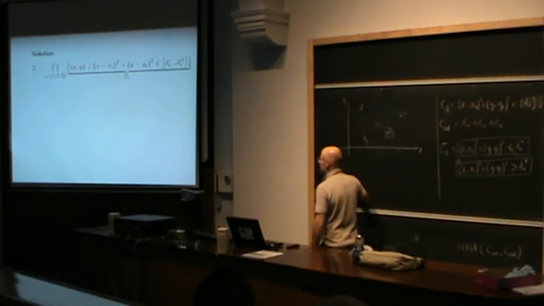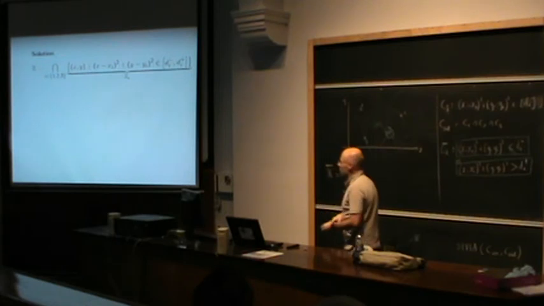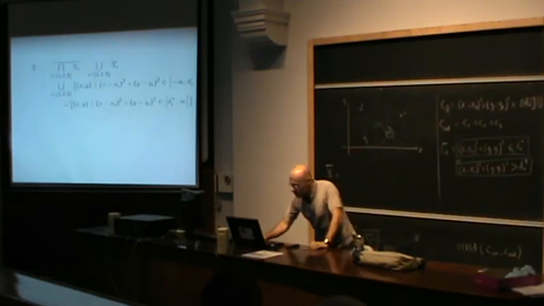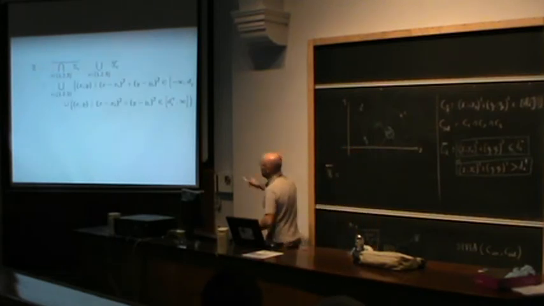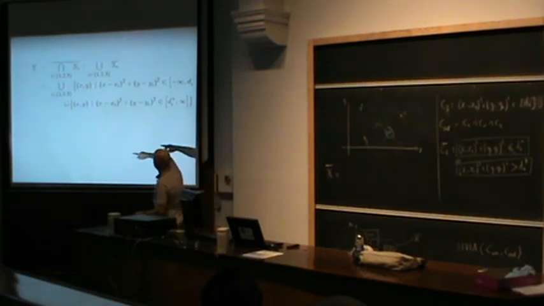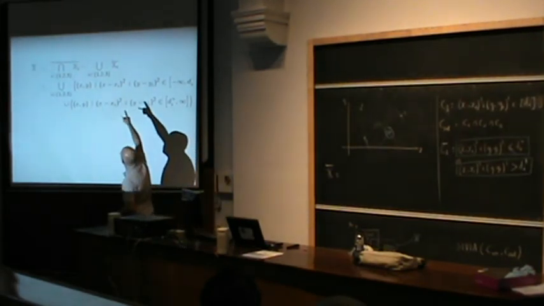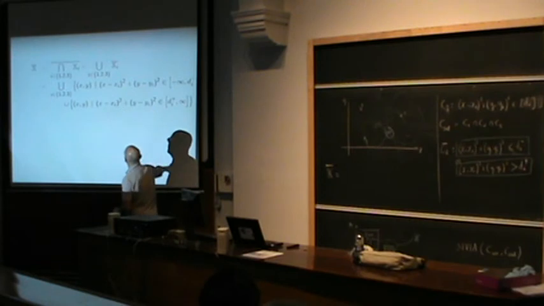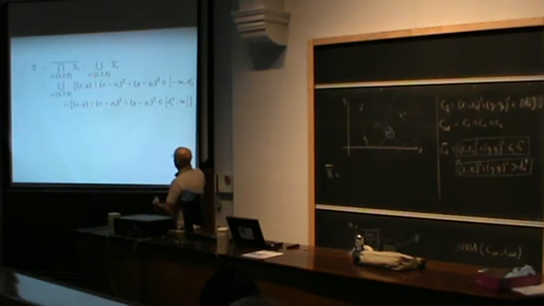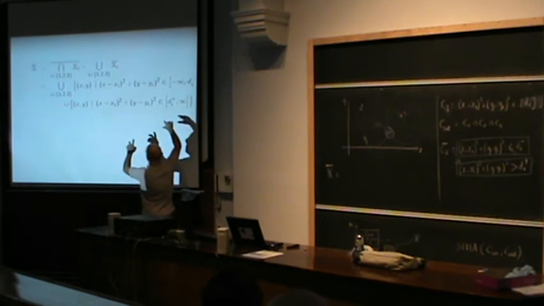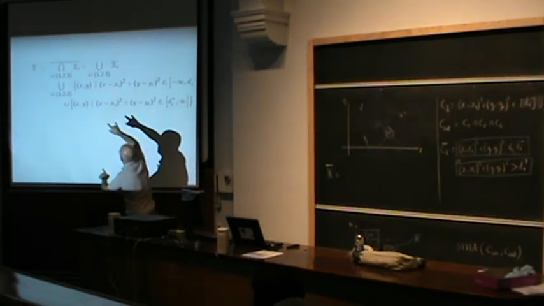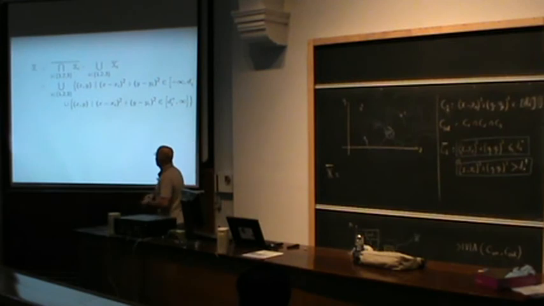Using the De Morgan rule, you will obtain that the complementary set of the intersection is the union of the complementary sets of each Xi. So I will obtain a union of two unions.